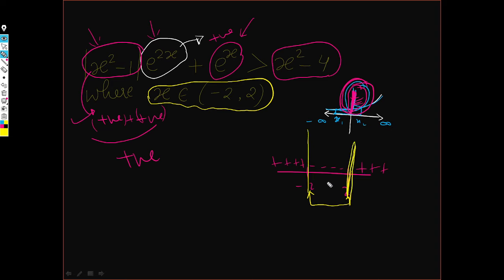The rest of the portion of the x-axis is none of our business. Now here we are seeing that from -2 to 2 the sign becomes negative, meaning its value is negative.